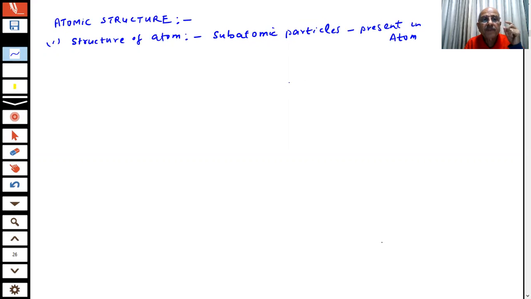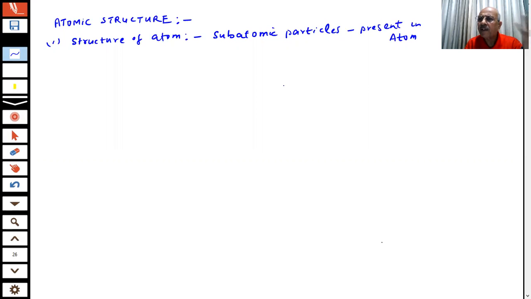And you know what we have told you: matter is made up of very, very tiny particles which are called atoms. Only 200 years back, the scientists started discovering subatomic particles.